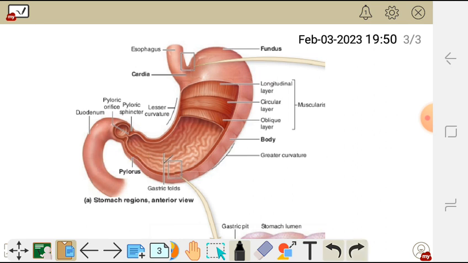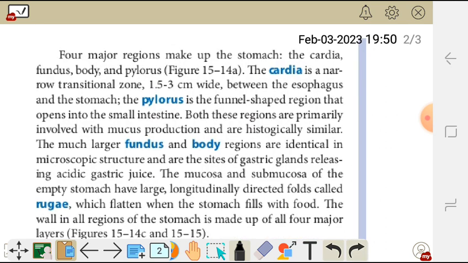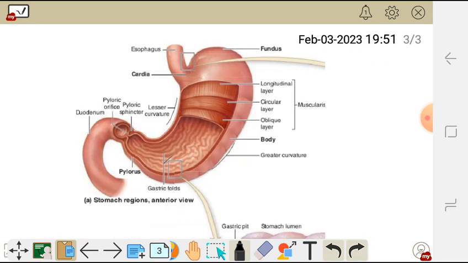Now let's look at the content and the main structures of these four major regions of the stomach. The cardia is a narrow transitional zone, which is about 1.5 to 3 centimeter wide, and it is between the esophagus and the stomach. As you can see here, the esophagus is there and the stomach is here.